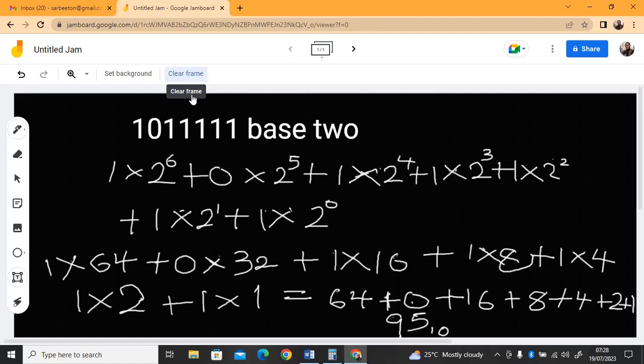Now let's assume you are asked to convert 234 in base 5 to base 10.